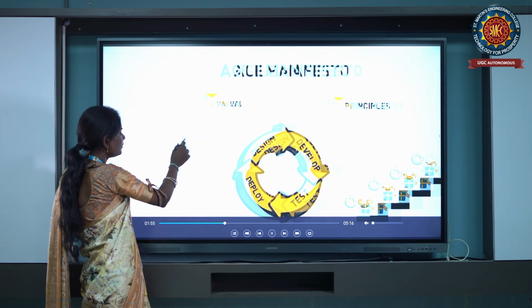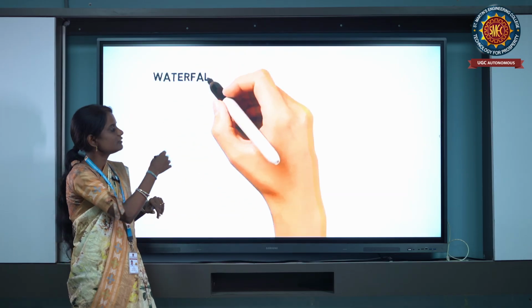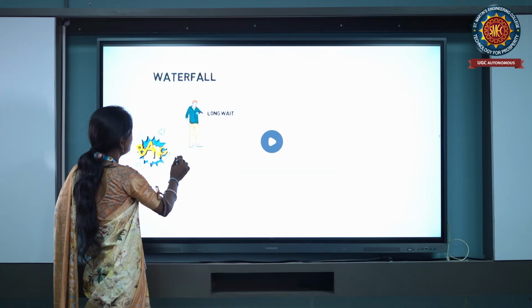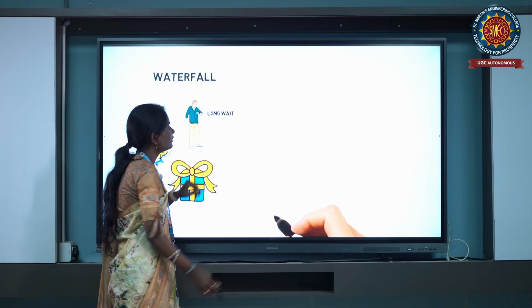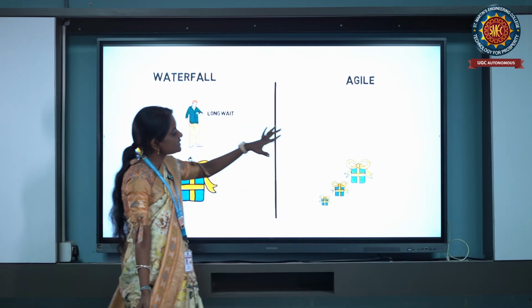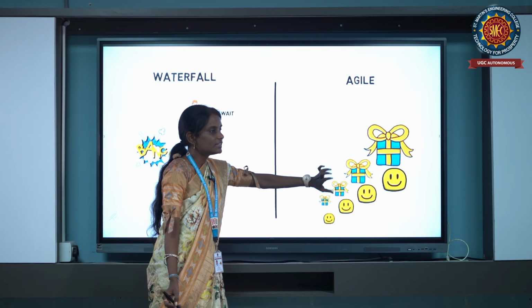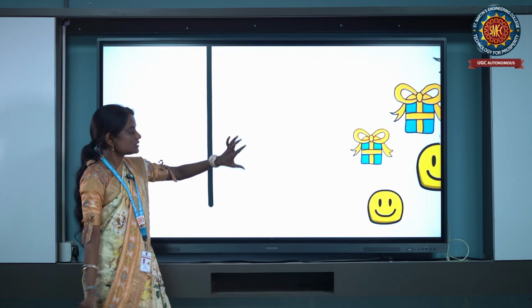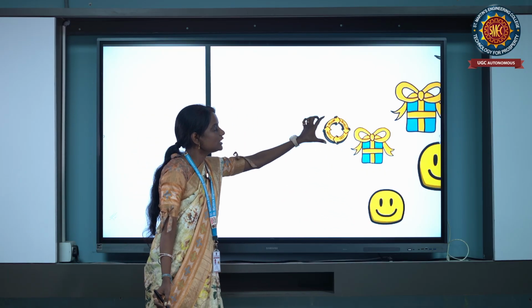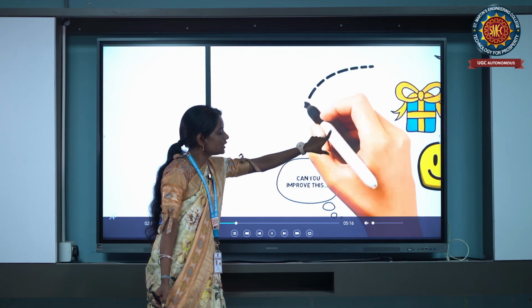In this agile model, we will have different stages. In the waterfall model, there is a long wait for the customer, whereas in the agile model, the product is developed in small bit format and the customer is satisfied. Here the customer is satisfied with the small bit of product, which involves different phases.